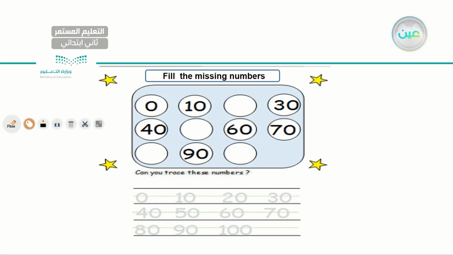What I need you to do here is fill the missing numbers first. Okay, we already traced, so let's go ahead. I have 0, 10, and then I have 20, excellent, 30, 40, 50, excellent, 60, 70, I have 80, 90, and 100. Very good, my dear student.